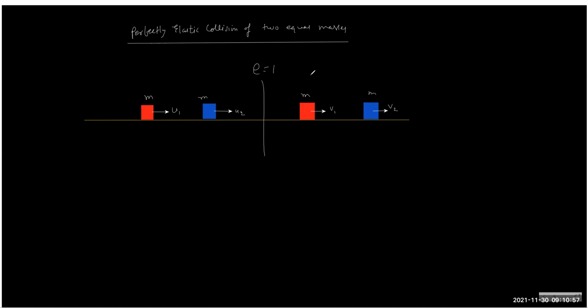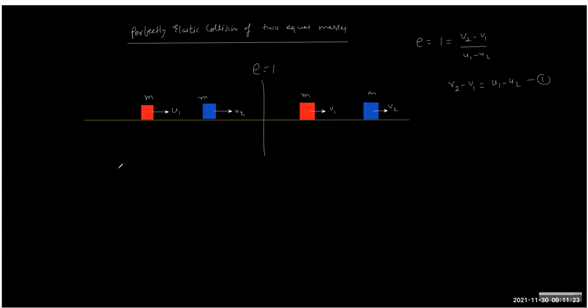Now because E equals 1, you still write the definition of E, but you can substitute 1 equals separation upon approach. So basically, if the collision is perfectly elastic, then the separation rate will always be the same as the approach rate.